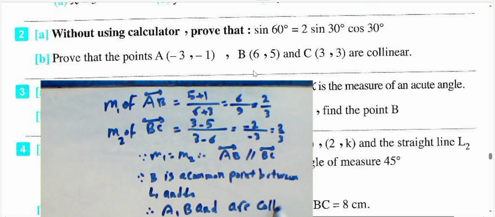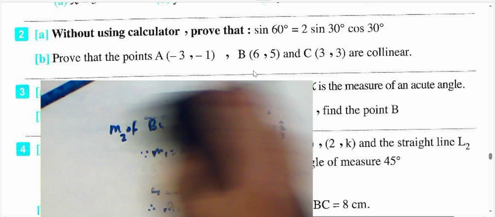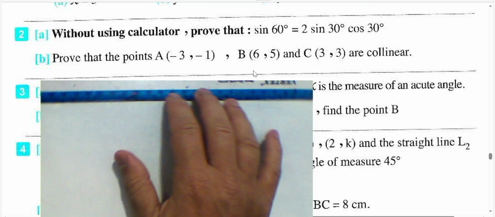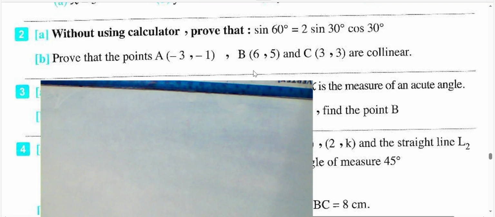The points here are collinear. Understood? You can also prove it by another method, or this method. First step, we prove that they are parallel and B is a common point between two straight lines, and the points A, B and C are collinear.